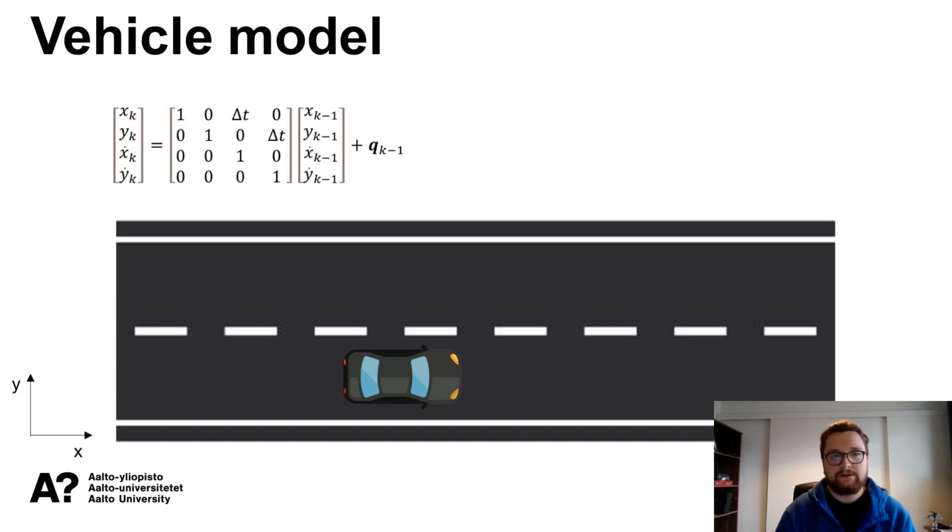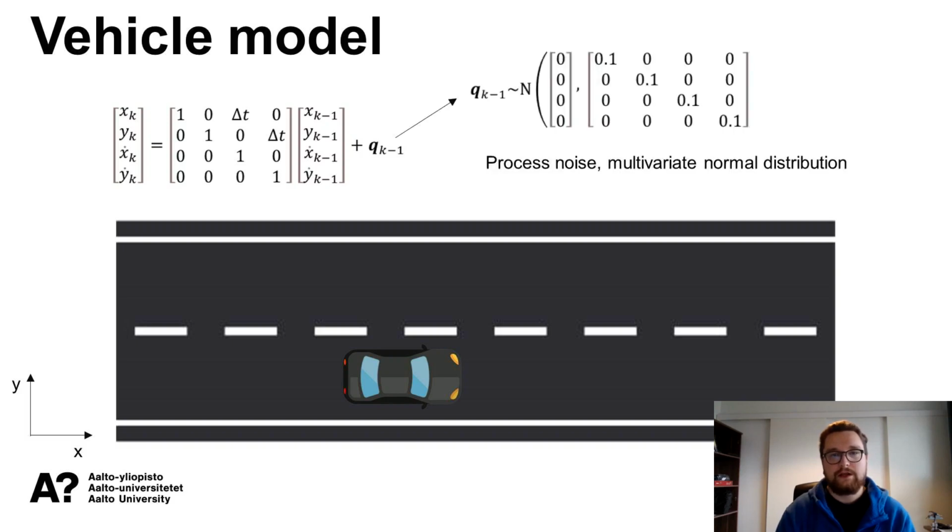And what the q is, it's the process noise, and that is from a zero mean multivariate normal distribution. Now, if you haven't done any probability calculations in a while, this notation might seem a bit weird, but all we are saying here is that the q is a random vector we are drawing from a multivariate normal distribution, and it is our process noise.